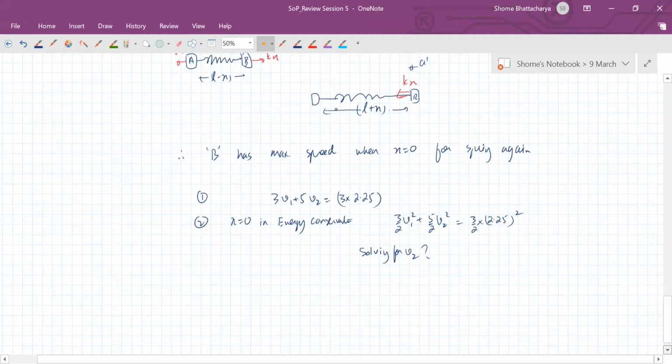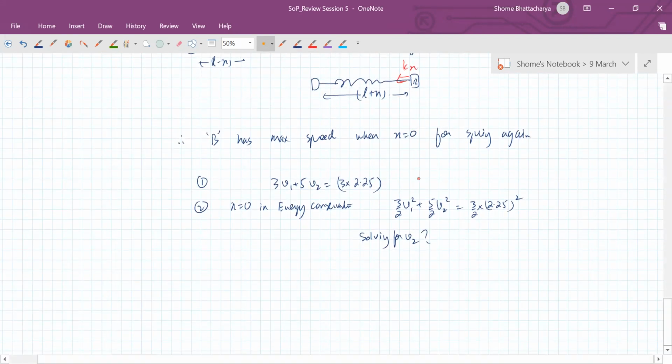So now the interesting thing is when we solve this, this will give us a quadratic equation in V2. So substituting V1 as 2.25 minus 5 by 3 V2.